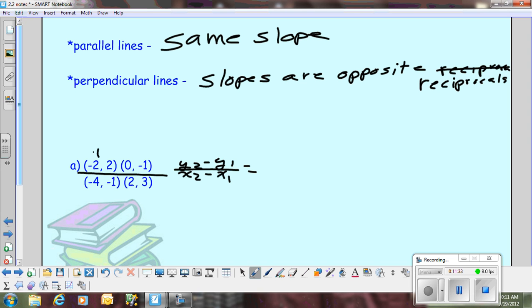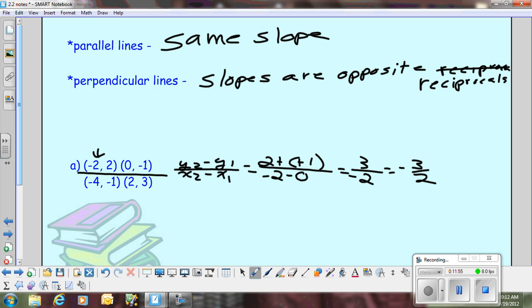I'm going to pick this one first. So I'm going to have 2 minus -1 on top, and -2 minus 0 on the bottom. Plus 2, 3, so 3 over -2, so negative 3 halves.